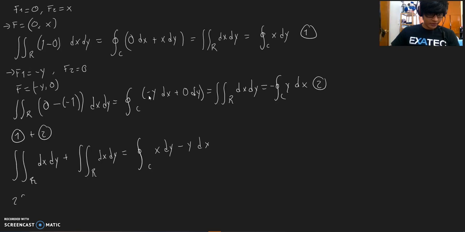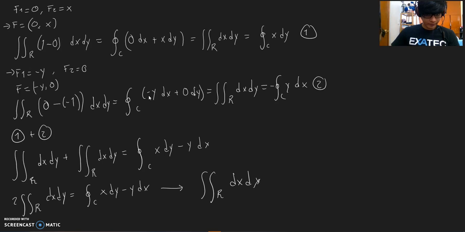Hence, we will have 2 times the double integral equals the line integral of x dy minus y dx, and hence we will have that the double integral of dx dy over R is equal to 1/2 of the line integral of x dy minus y dx.